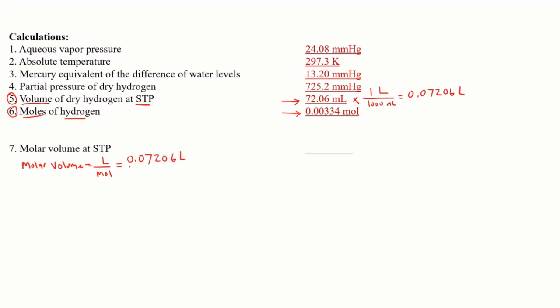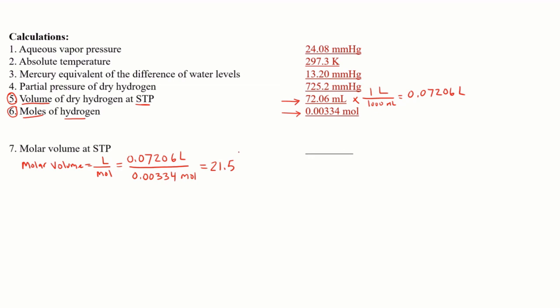So I have the liters of gas, 0.07206 liters. I'm going to divide this by the number of moles, which is 0.00334 moles. I will get my calculator: 0.07206 liters divided by 0.00334, and here I obtain a molar volume of 21.57.